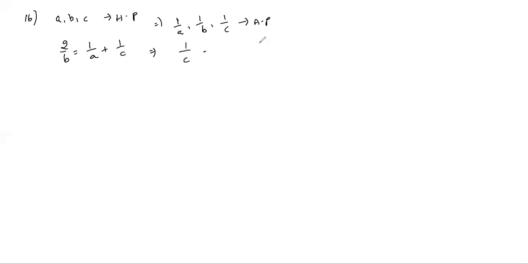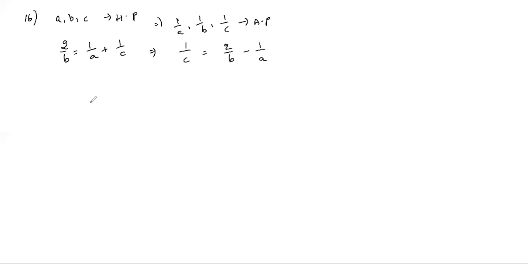If A, B, C are in HP, then 2 by B equals 1 by A plus 1 by C, because A, B, C in HP means 1 by A, 1 by B, 1 by C are in AP. From this I am taking 1 by C equals 2 by B minus 1 by A. Now what is the given equation?